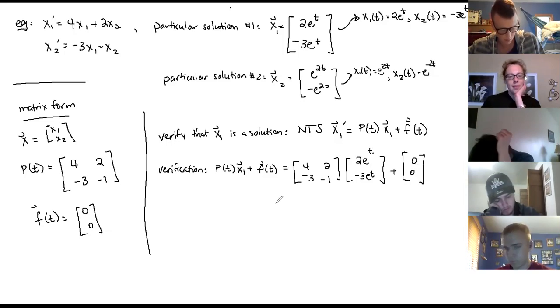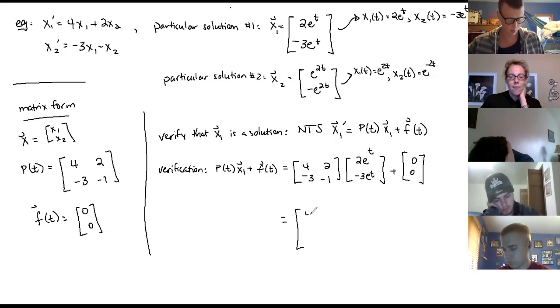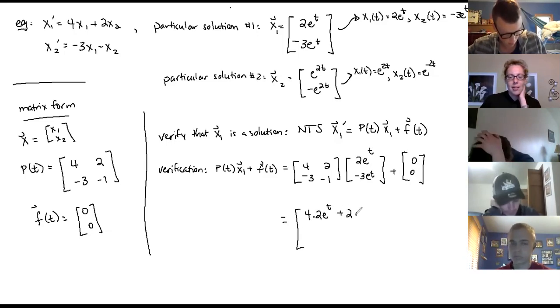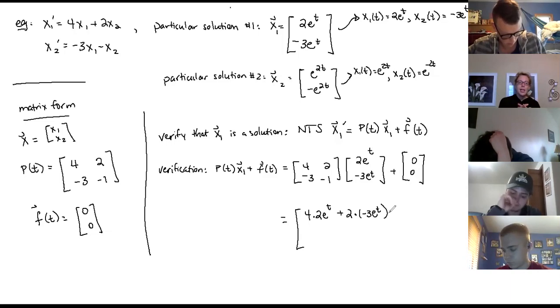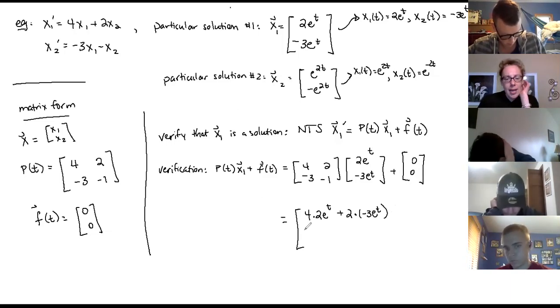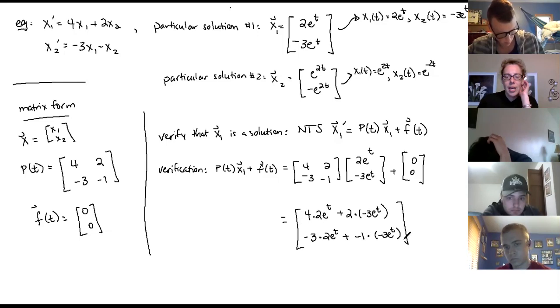Okay, multiplying matrices together. So if I multiply, I am going to get 4 times 2e to the t plus 2 times -3e to the t. If you want to jump right to multiplying, or right to adding, that's fine. Next one, -3 times 2e to the t plus -1 times -3e to the t.